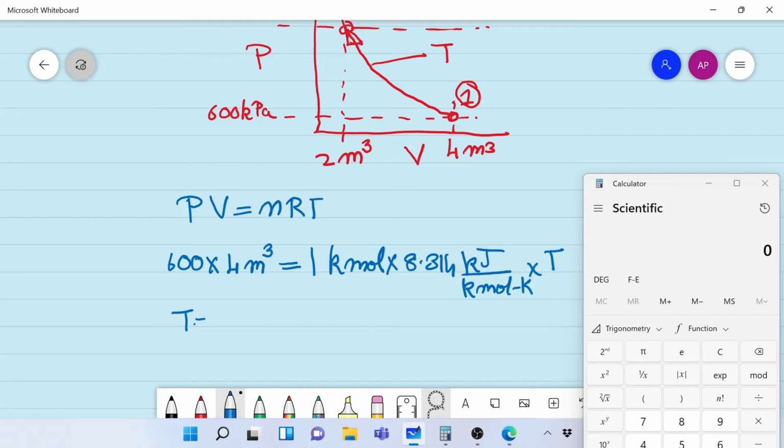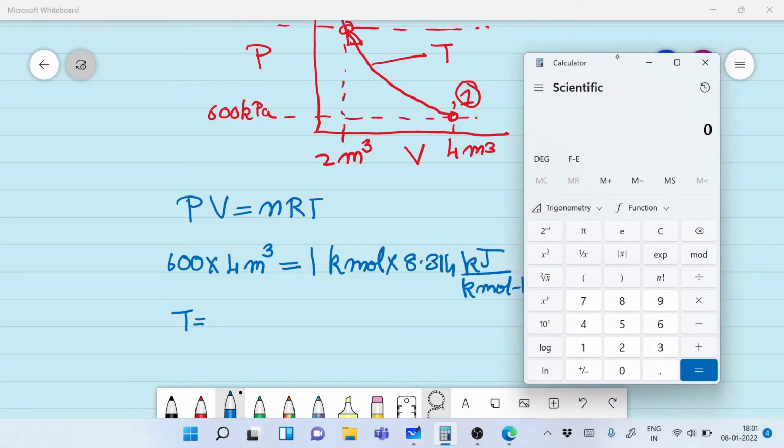Therefore, we get the temperature as 600 multiplied by 4, divided by 8.314, and we get it as 288.669 kelvins.